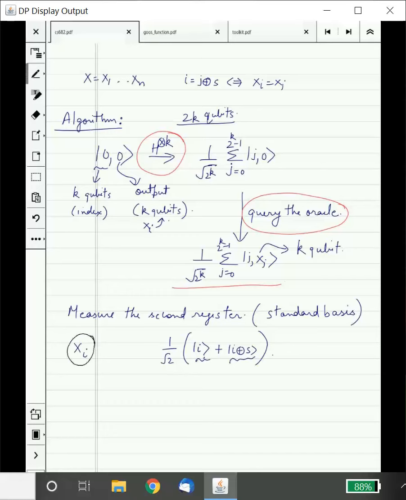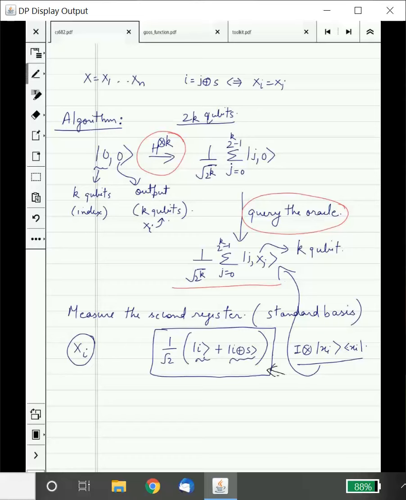So my state is going to be 1 by root 2 (i plus S). You can think of it as the projector on xi, identity tensor xi. If this is the projector on this state, you will get 1 by root 2 (i plus S).